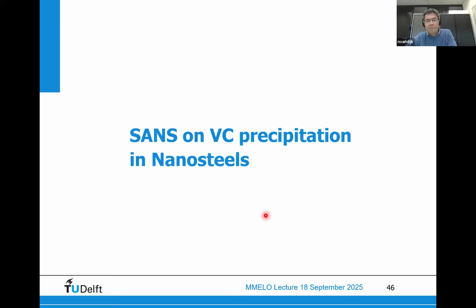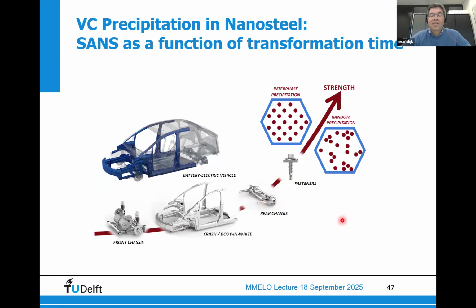Now, one last topic. If we look at the precipitation in vanadium carbides, in nanosteels, we can also see how the precipitation strengthening takes place. So this is a continuation of the work that Eric Offerman did some years ago.